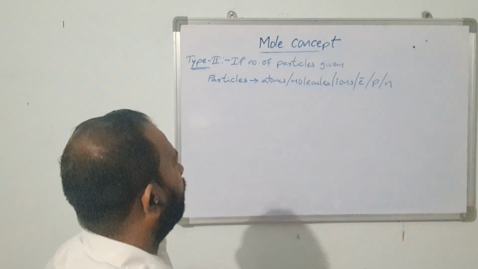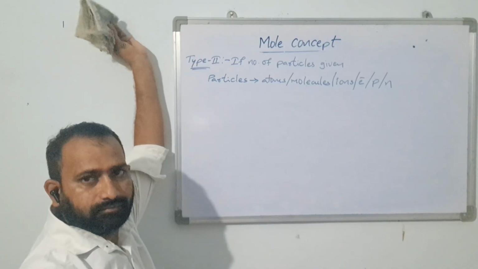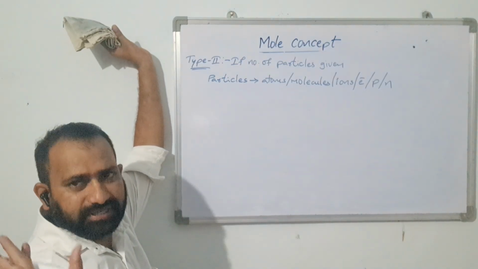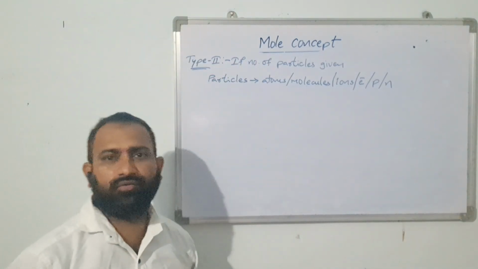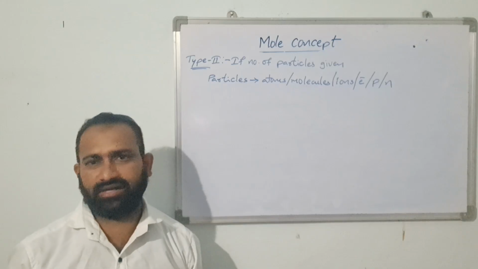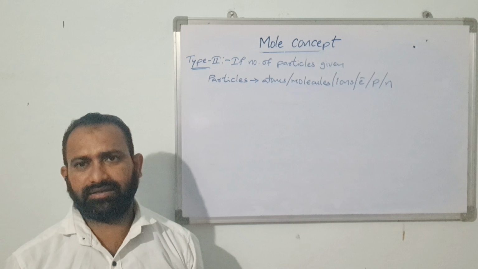Here you should remember one important thing, students. 1 mole of any substance contains Avogadro number of atoms or molecules or ions, whatever it may be. That depends upon the given substance. That's why we simply call them particles.